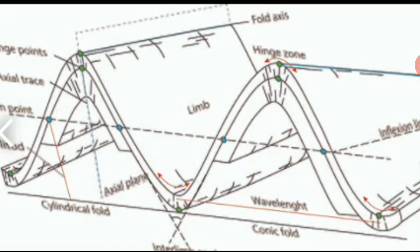An individual fold has a minimum of two limbs. Individual fold means if you say anticline, this fold has two limbs. If it is a syncline fold, it also has two limbs. The middle limb is common to two adjacent limbs. And hinge.